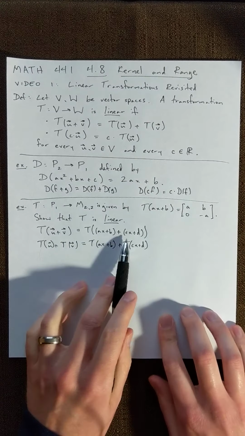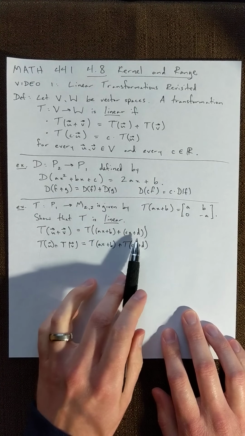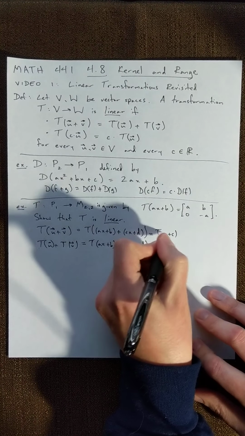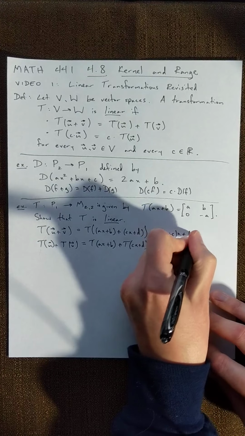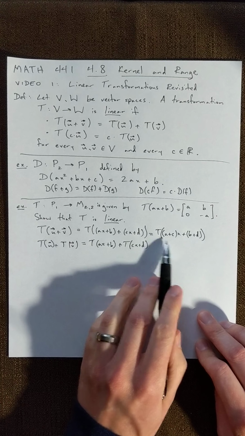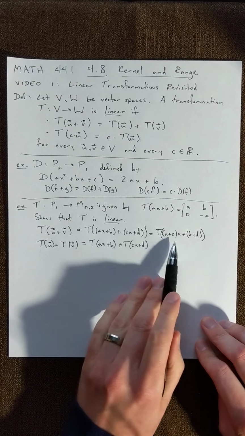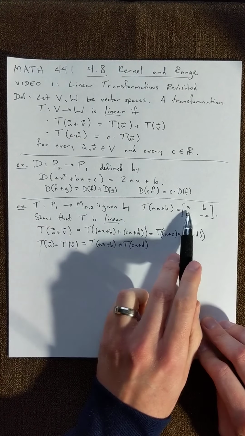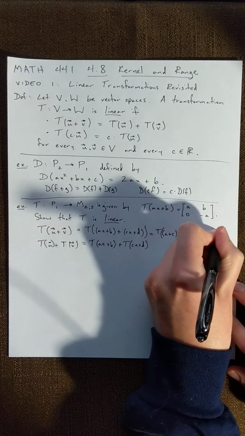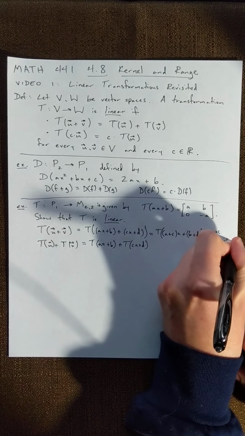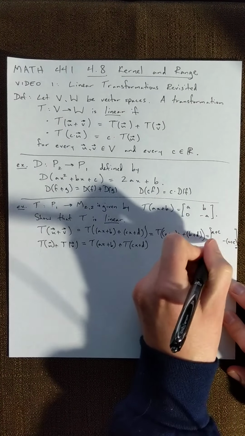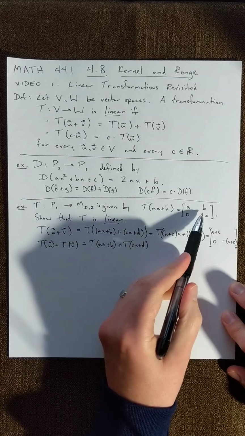On the top we're supposed to add two polynomials. ax plus b plus cx plus d would be (a plus c)x plus (b plus d), combining like terms. And then T of something, the coefficient on x goes in the top left corner and with a minus sign in the bottom right corner. So a plus c in the top left, minus (a plus c) in the bottom right. We get a 0 in the bottom left, and we get the constant coefficient in the top right.